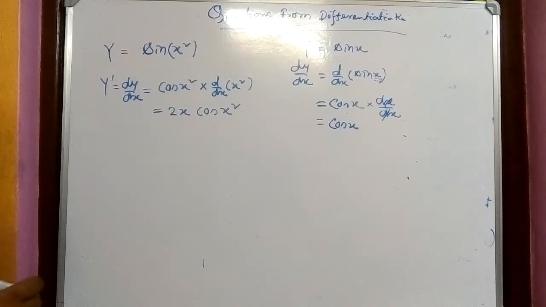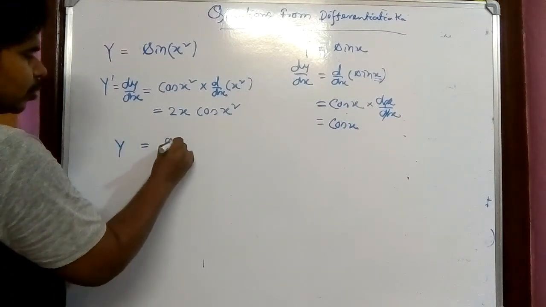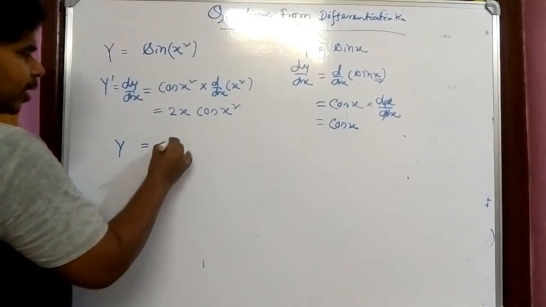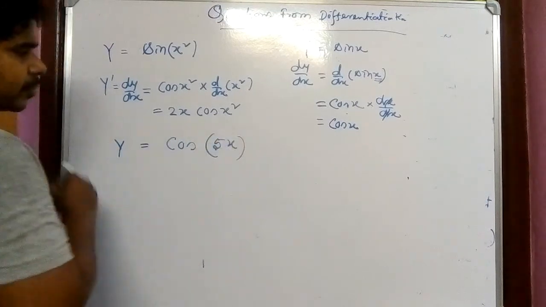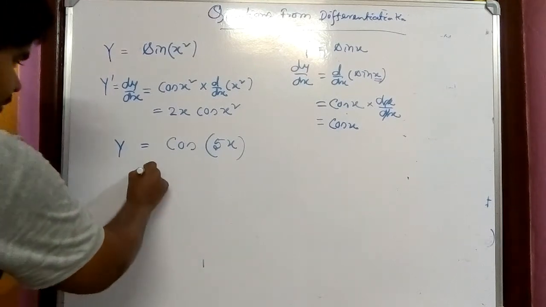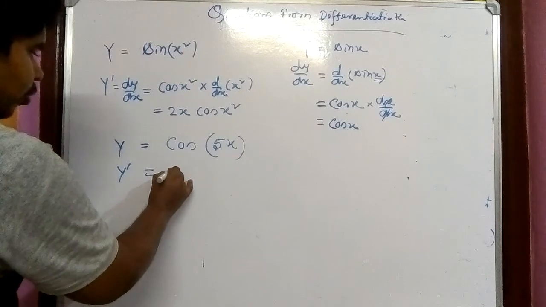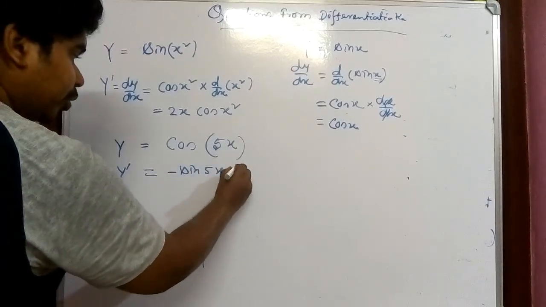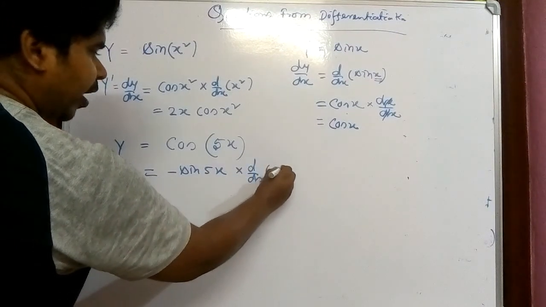Actually, instead of sine x square, forget about sine. We are dealing with too much sine. If it is cos 5x, then in differentiation y dash will be minus sine 5x into d dx of 5x.